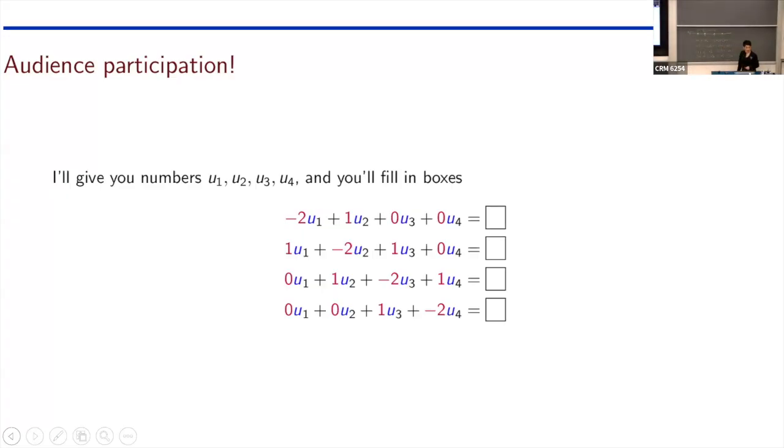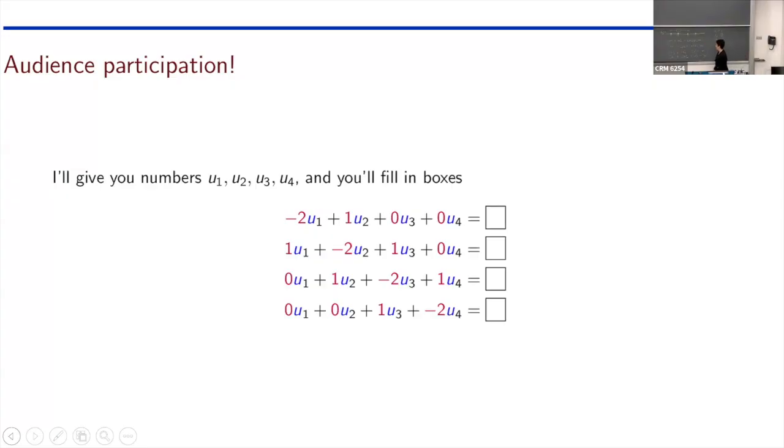At first, the number U1 is going to be 1. U2 is going to be 3. U3 is 3, U4 is going to be 4. If you took these numbers and plugged them into that grid, you'll get the very first expression here. So what do we get on the very first entry?